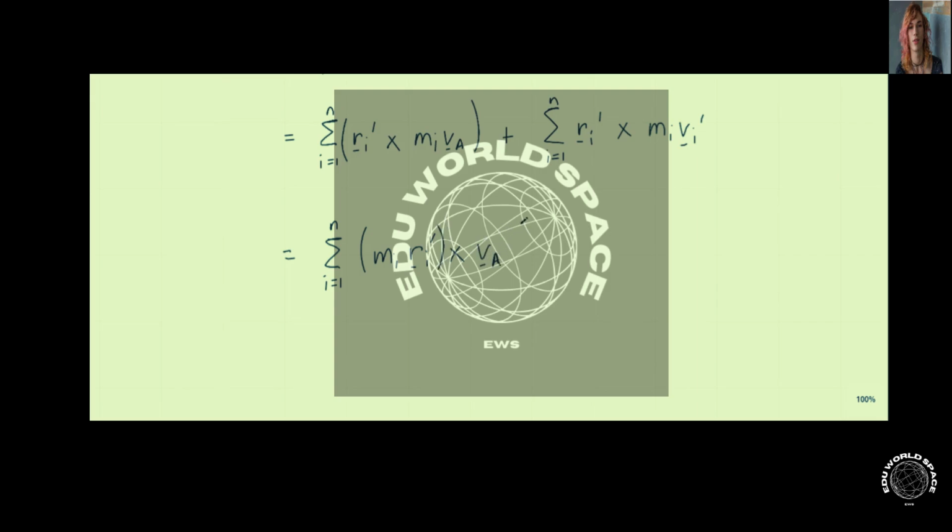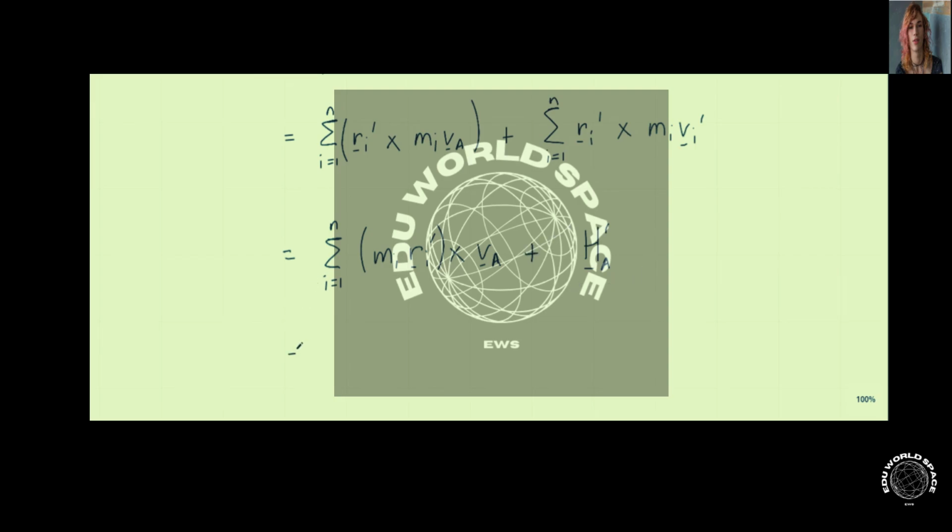So we've just written this slightly differently. Mi Ri prime cross with Va plus, if we look at the second term, we can see that this is a position vector crossed with a momentum vector. So this is essentially an angular momentum H prime about A. So that is H prime A.